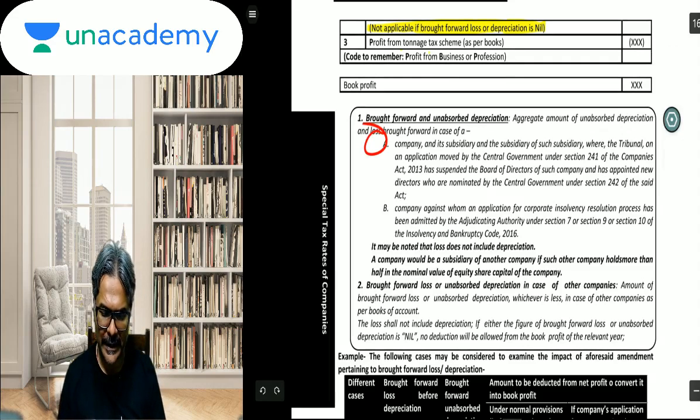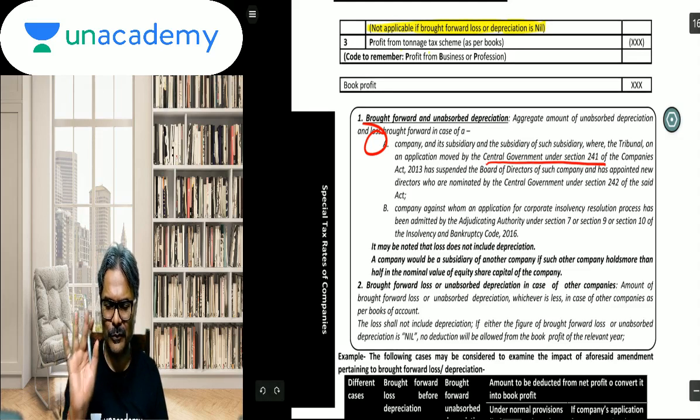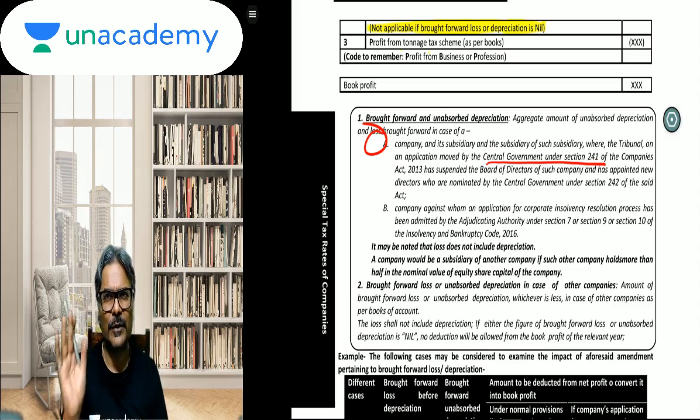From point number A, if you can have a look over here, friends, the company and its subsidiary and subsidiary of such subsidiary, whether tribunal, just take into account this section 241. You will have to see in the examination a 241 company.